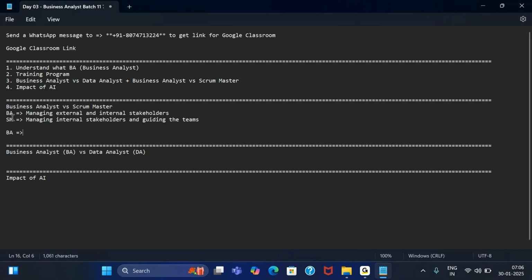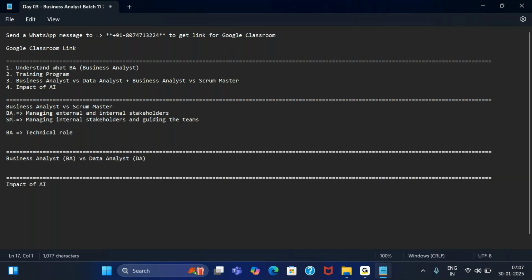Now, a BA is part of the technical role set that we looked at. A Scrum Master is majorly considered a non-technical role. Why am I saying this? A BA, like I said, is primarily responsible for building the requirement document.